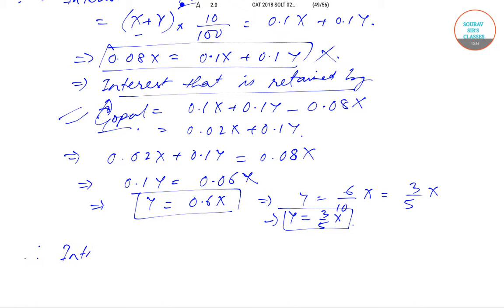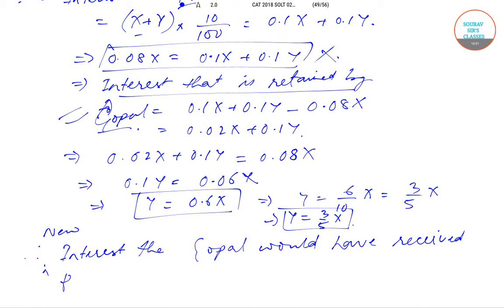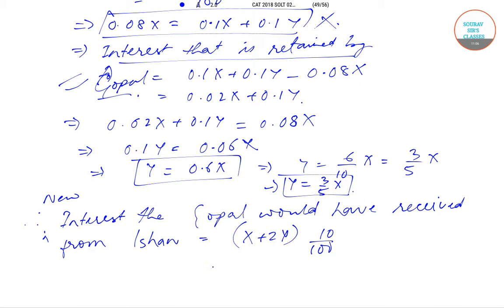The new interest that Gopal would have received from Ishan is equal to x plus 2y and 10% of it, so 10 by 100, and this would have been equal to 0.1x plus 0.2y.